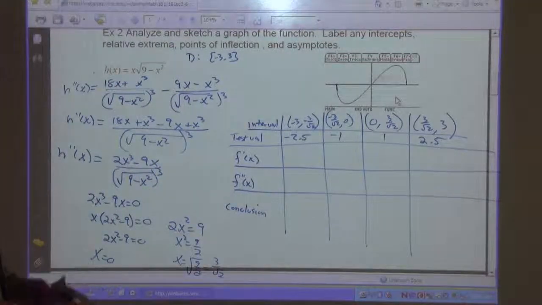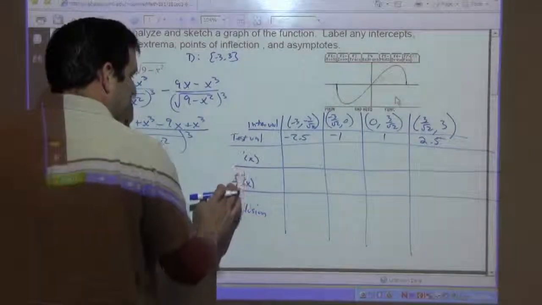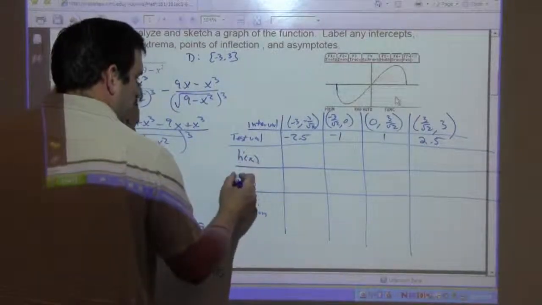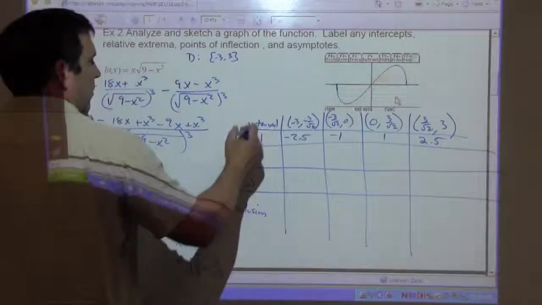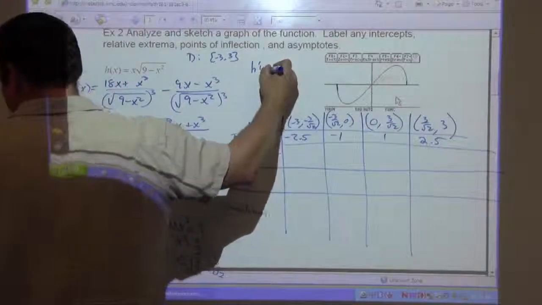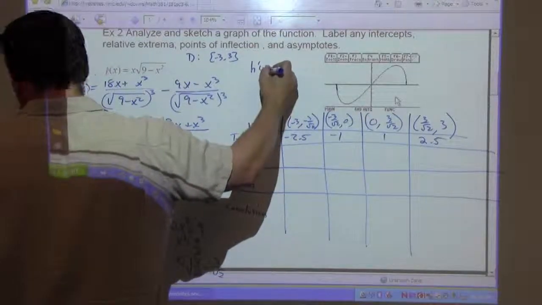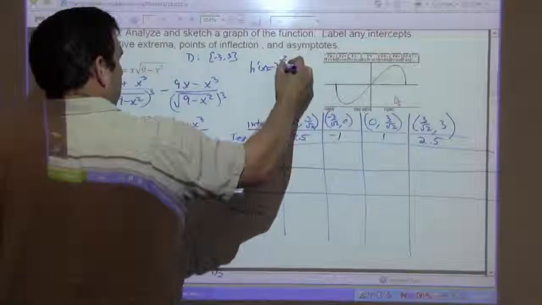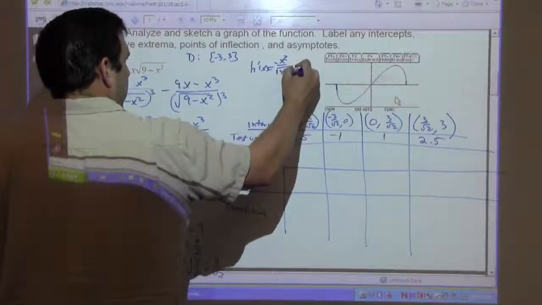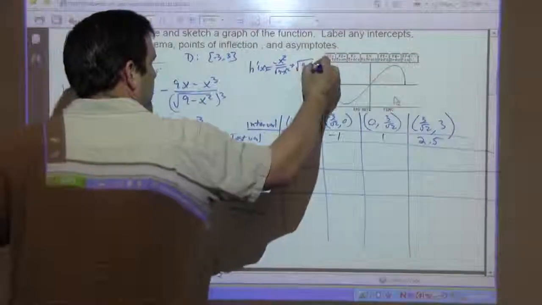Okay, so if we look at h prime of x, and remember our h prime of x was negative x squared over the square root of 9 minus x squared plus the square root of 9 minus x squared.